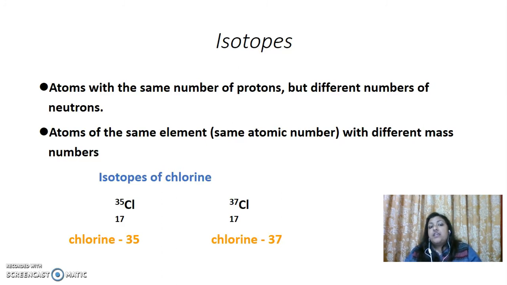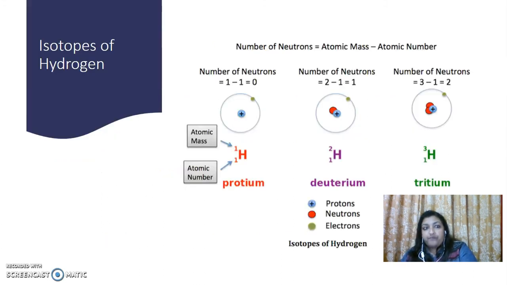In the same way, we have other examples where I've just taken out some for you. Isotopes of hydrogen, where you can see there are 3 different isotopes for hydrogen, and hydrogen being the simplest element, you can very well see how the number of neutrons is taken.